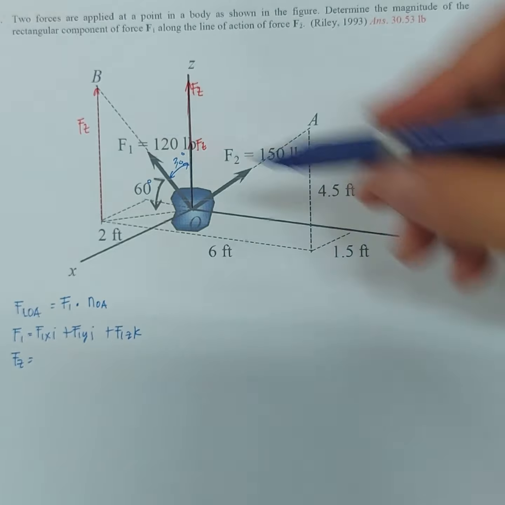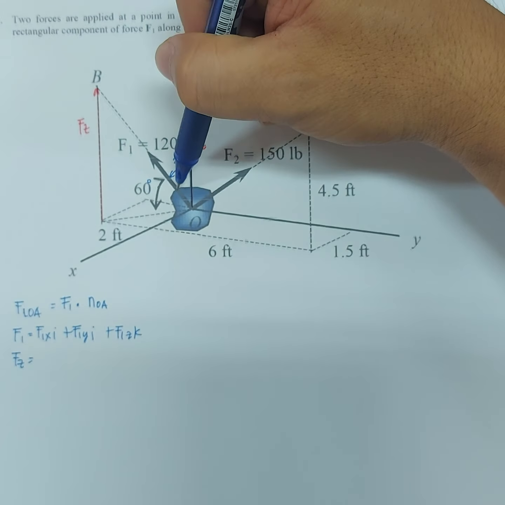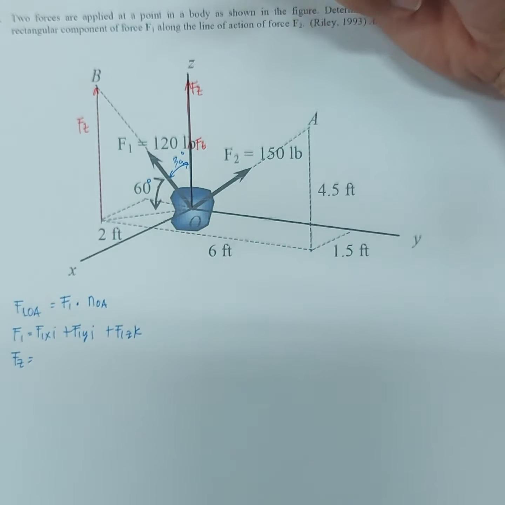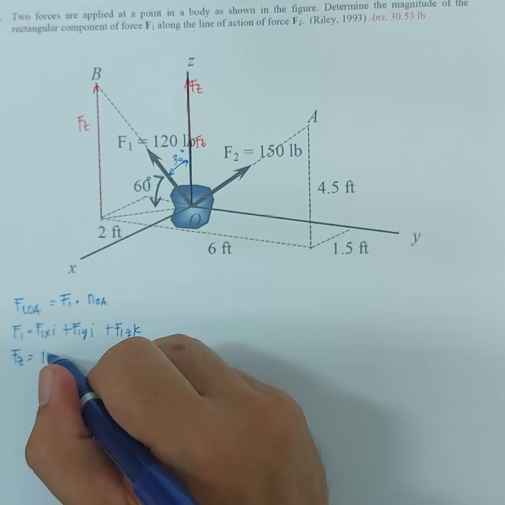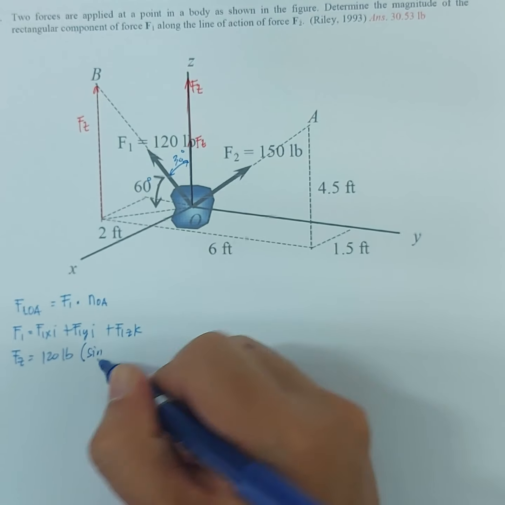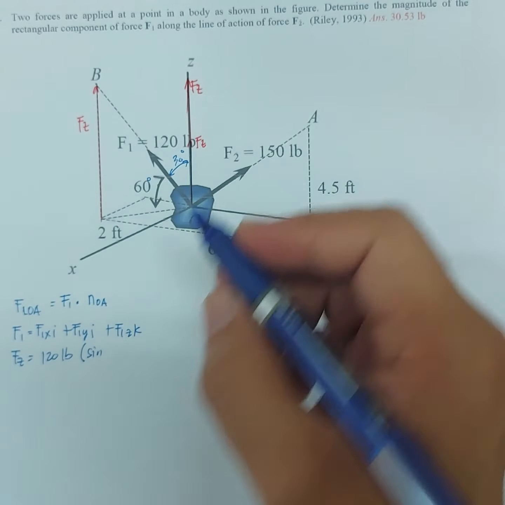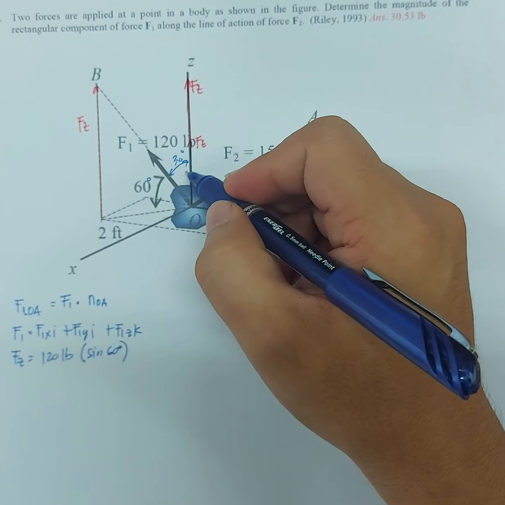So how do you solve for Fz? Given yung side natin, this is 120 pounds, and we are solving for the opposite side. So Fz is simply equal to 120 pounds times sine of 60 degrees, or cosine of 30 degrees.